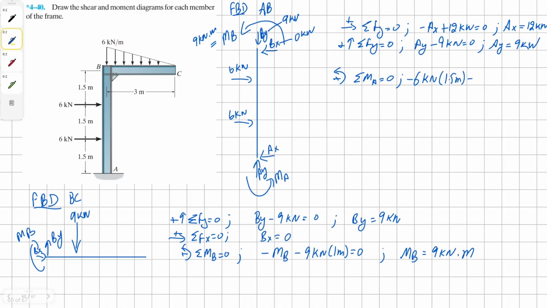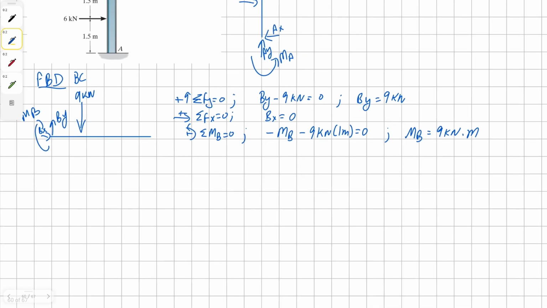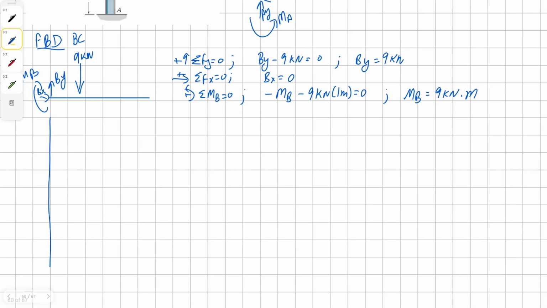Then we have another 6 kilonewton 3 meters away. And finally we have Bx, which is 0. And then we have counterclockwise moment at B and counterclockwise moment at A, all equals to 0. Solving for moment A, we get our solution as 18 kilonewton meter.